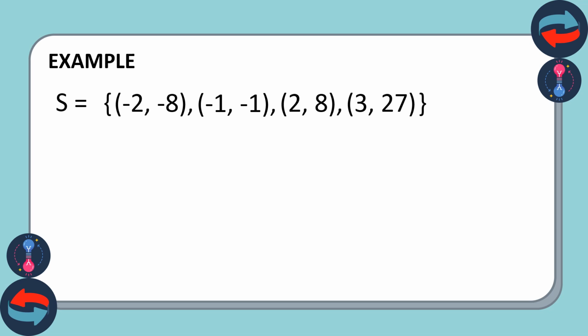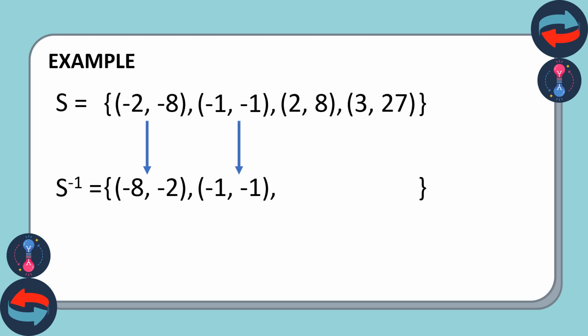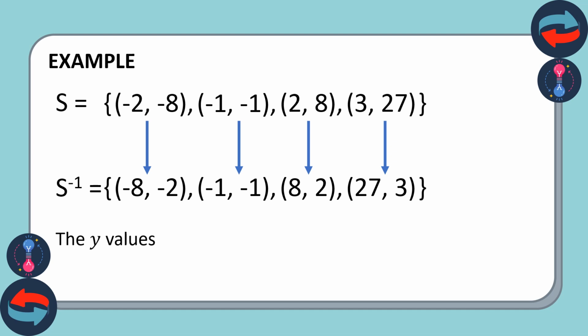If we are to write the inverse of the given function, it will be written as the inverse of S equals the set of ordered pairs (-8, -2), (-1, -1), (8, 2), (27, 3). The y values became the x values, and the x values became the y values.